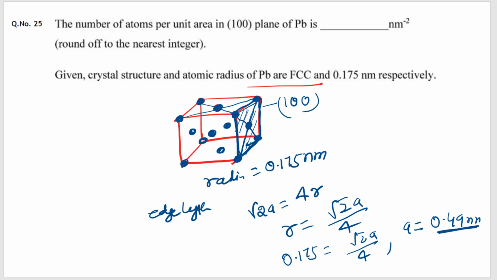Okay, now we have to calculate the atoms per unit area. So what is the total number of atoms on one OO plane? This is the complete atom, 1 plus, and the 4 corner atoms, and these are shared by 4 faces.